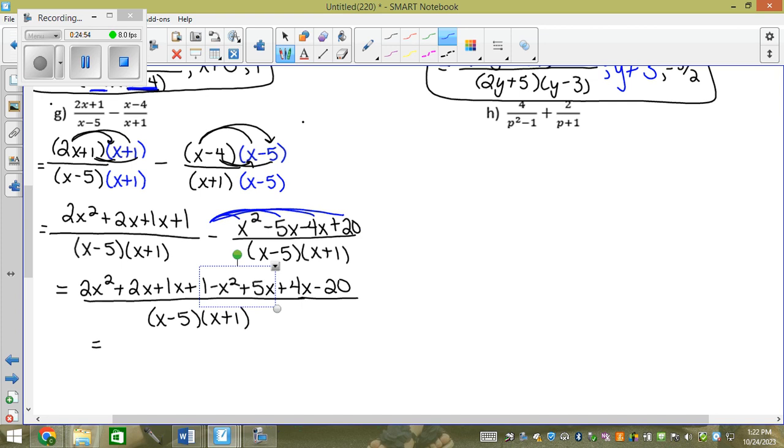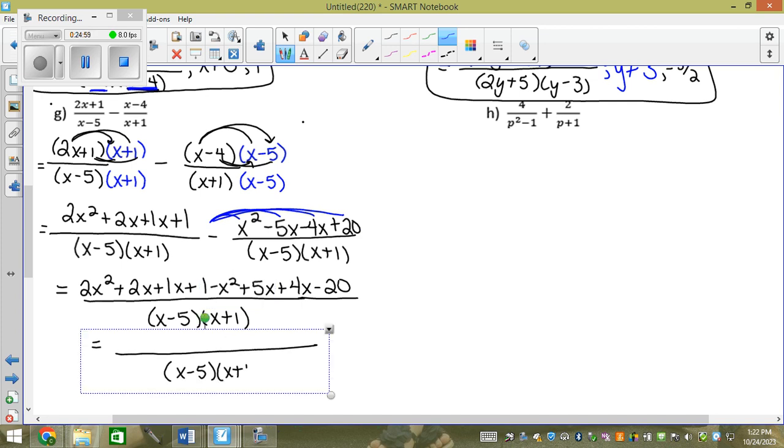And so it equals 2x squared minus x squared is x squared. 2x plus 5 plus 4 is plus 12x. And then plus 1 minus 20 is negative 19.